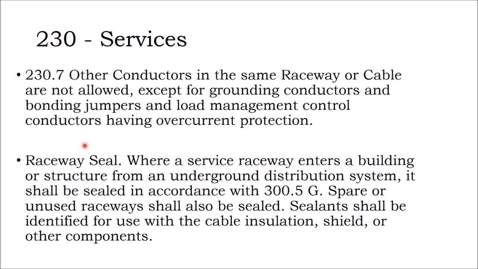Other conductors in the same raceway or cable are not allowed except for grounding conductors and bonding jumpers and load management control conductors having overcurrent protection. What does that mean?